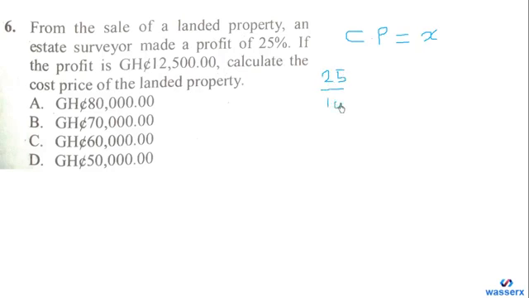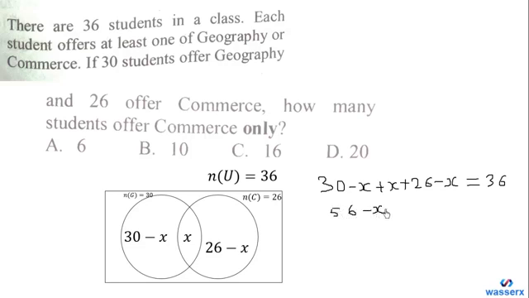So 30 plus 26 will give us 56. Then negative x plus x will become 0. Then we are left with minus x. And the whole thing will give us 36. So x will now be equal to 56 minus 36. And that will give us 20 for the x.